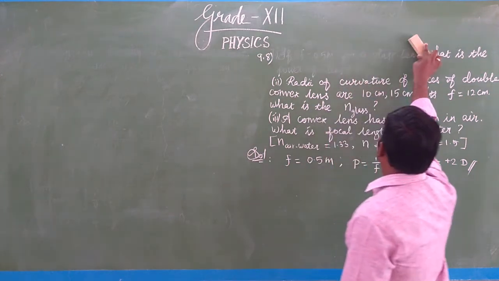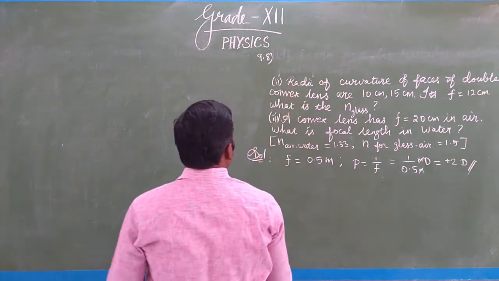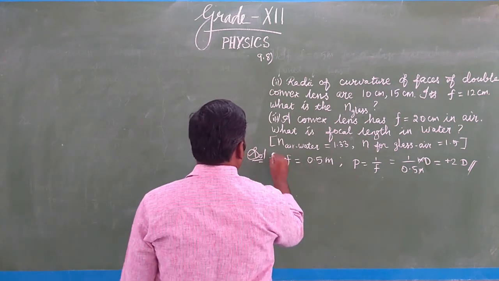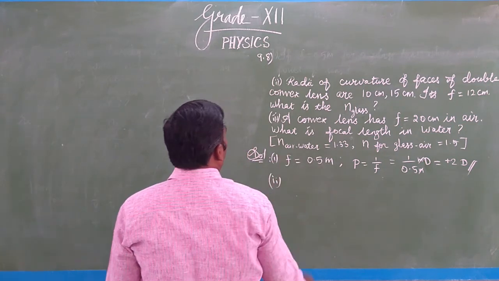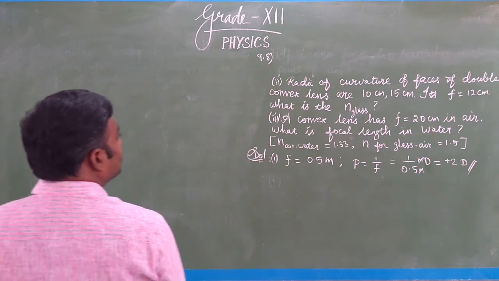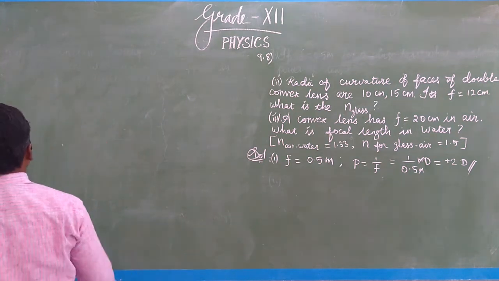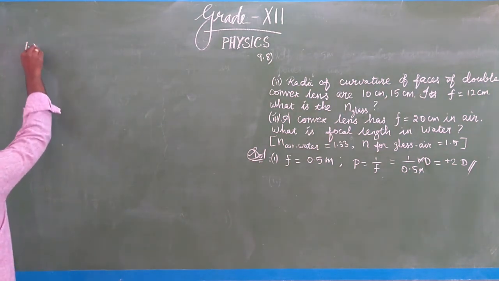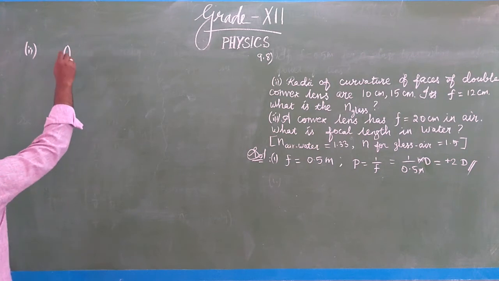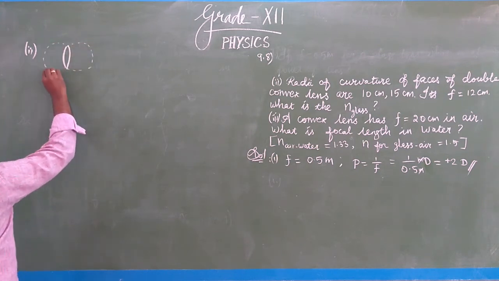Then the second question. Look at the second question. Okay, we will solve from this side. The radii of curvature of the faces of a double convex lens are 10 centimeter and 15 centimeter. There is a double convex lens, so the radii of curvature of the double convex lens are given here.